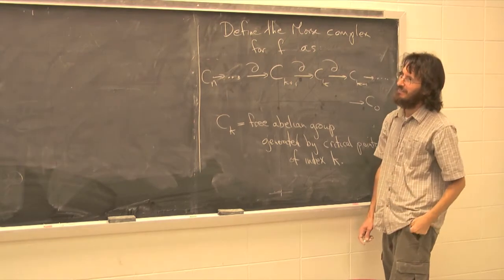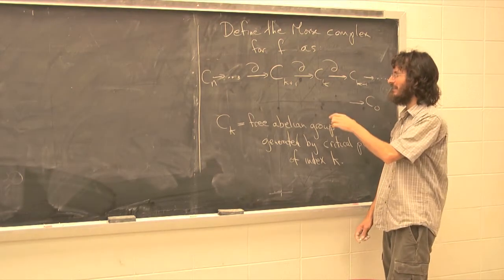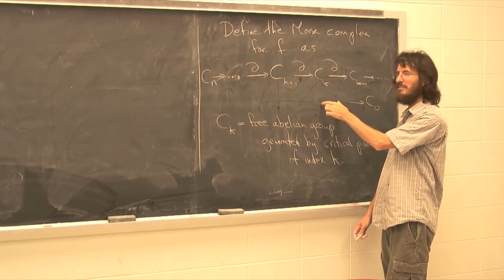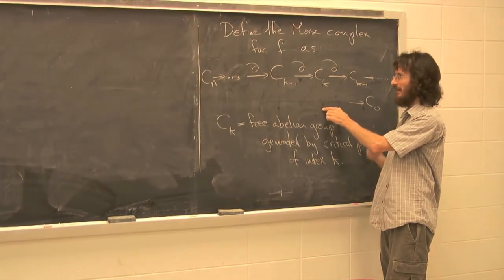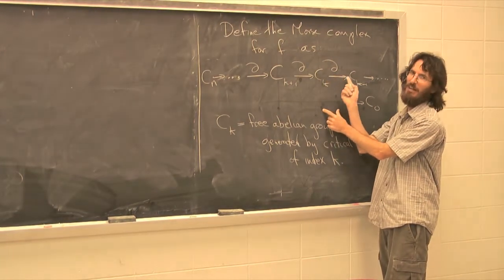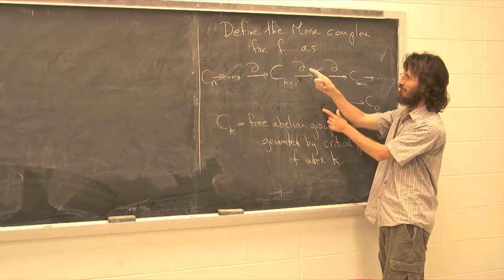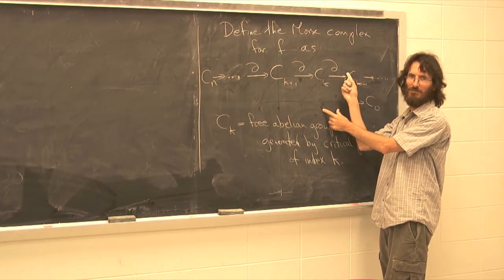And I claim that these handle slides are precisely a change of basis in one of these things, and therefore it affects these in a corresponding way, like adding a row. It's like a row operation here and a column operation here or something like that.